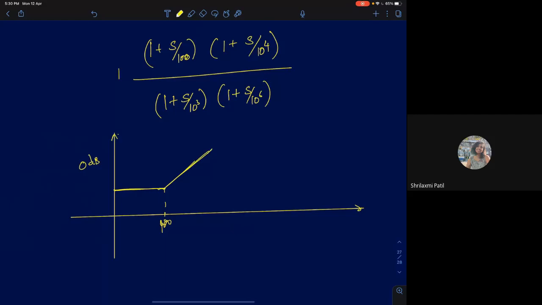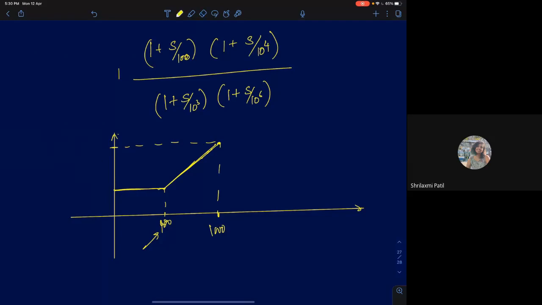Will it keep on increasing forever, or what will it encounter next? After this 100, what will it encounter next? It will encounter a pole at 1000. So 1000 is a decade away. 100 to 1000, it's a decade away. At 1000 radians per second, it encounters a pole. Now, once it encounters a pole, what do you think will be the magnitude roughly? Don't worry about the 3 dB correction. What do you think will be the magnitude at this point?